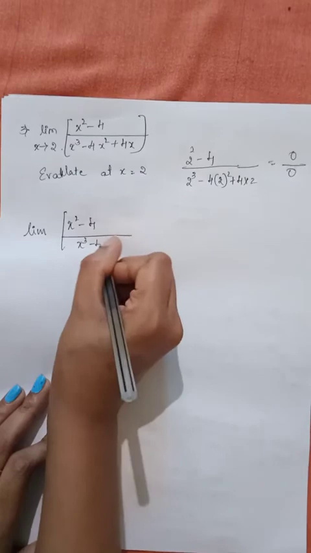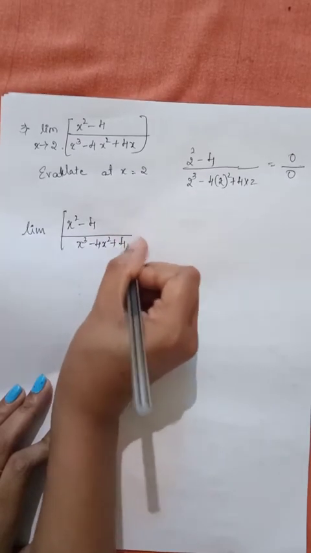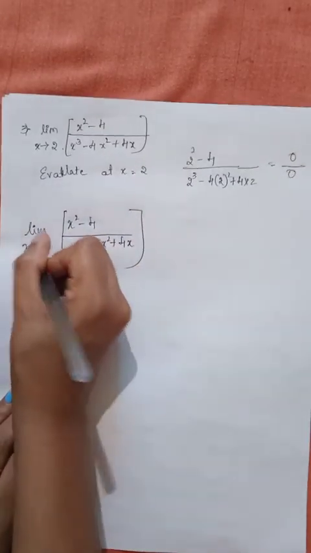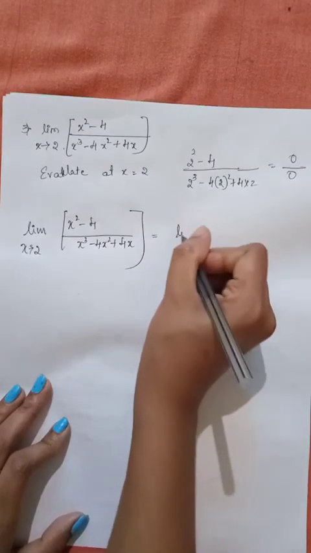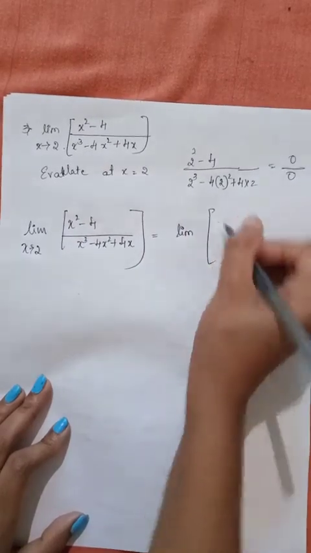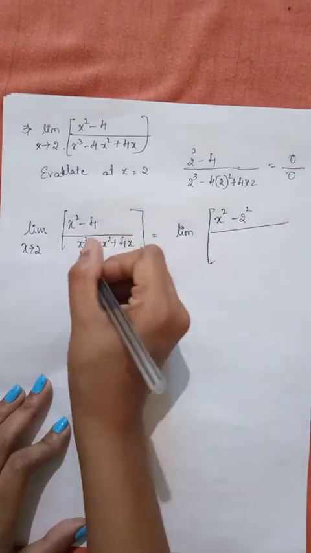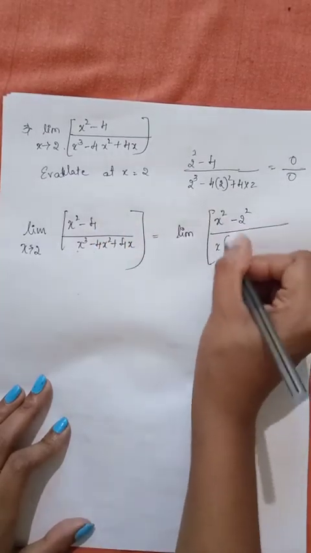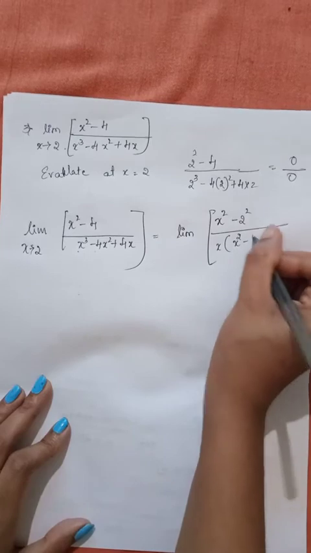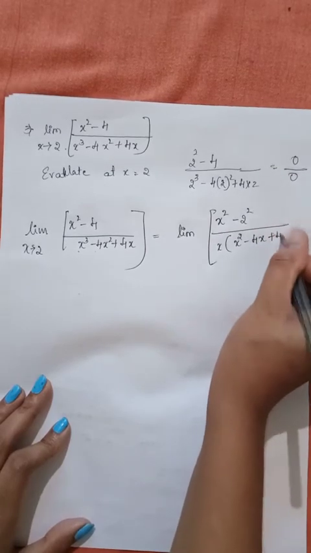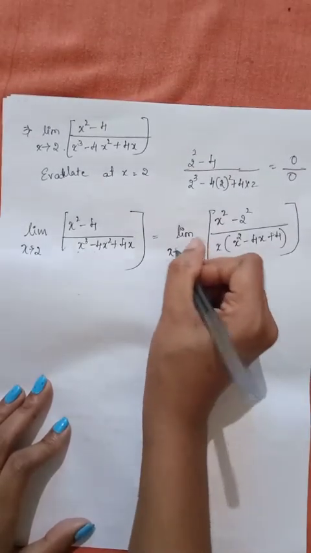x cube minus 4x square plus 4x. We just have to simplify this particular function. So how can you simplify? In the numerator, as you can see, it is x square minus 4, which can be written as x square minus 2 square, divided by, in the denominator you have x common, so take it out. What is remaining? x square minus 4x plus 4 as x tends to 2.